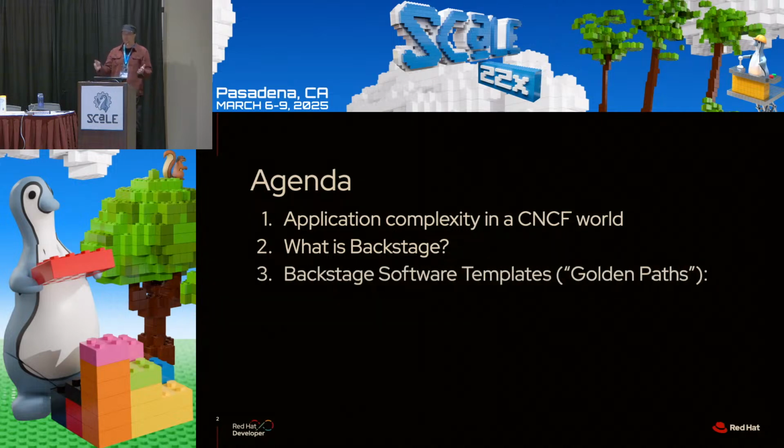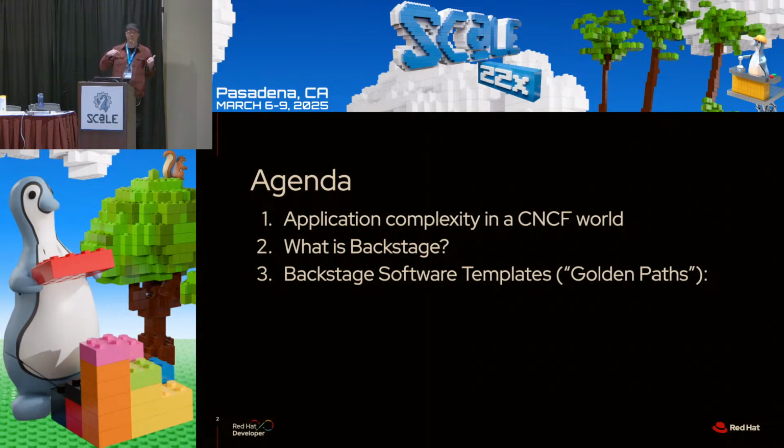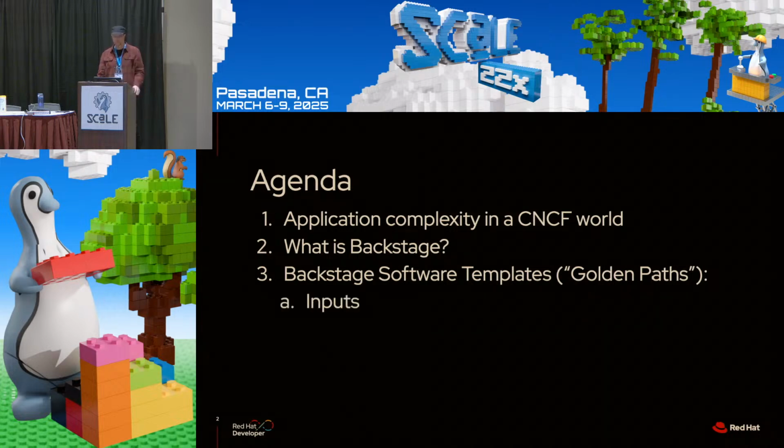And then we'll get into Backstage Software Templates, or as they have previously been called, Golden Path Templates. I think that name, Golden Path Templates, is falling out of fashion, but for historical reasons, I have it listed in here.